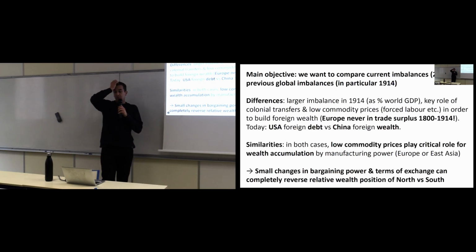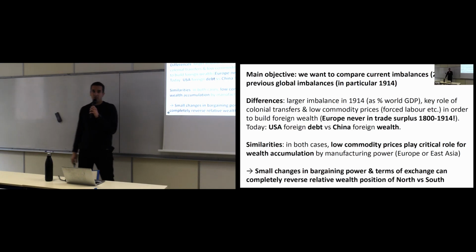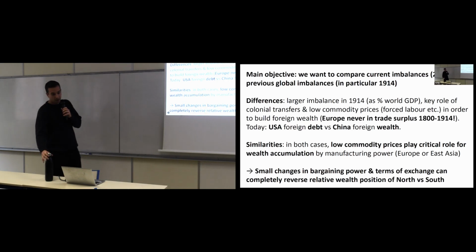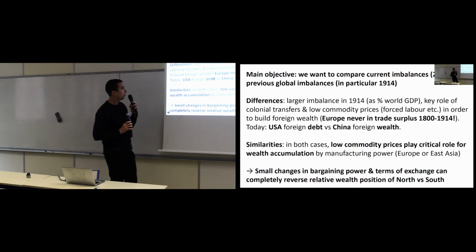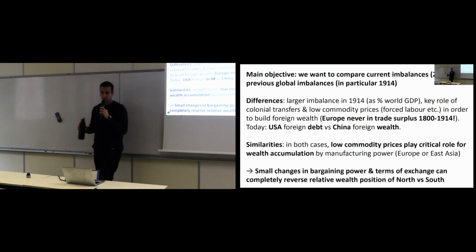So the main objective of the paper is to compare the current imbalances, the ones that Trump and China are fighting over right now, with the historical period, particularly 1914, before the First World War, where we saw the large imbalance of Europe.